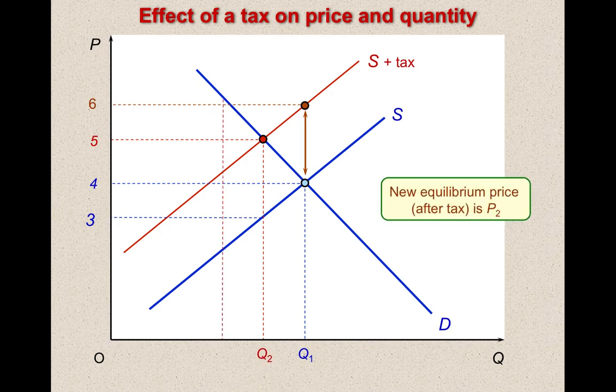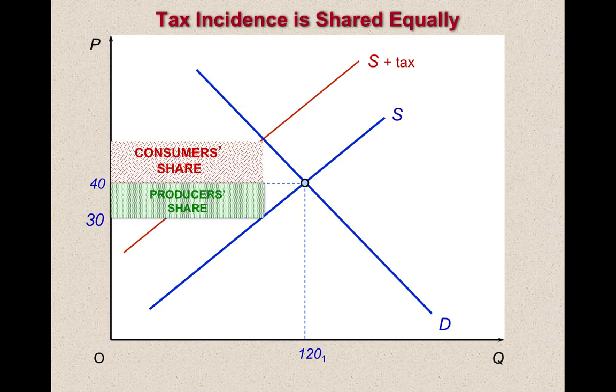When we do that, please note that the consumer share is basically the upper half of that box, and the producer's share is the lower half of that box. So again, the tax revenue taken by the government was that purple box in the previous slide.